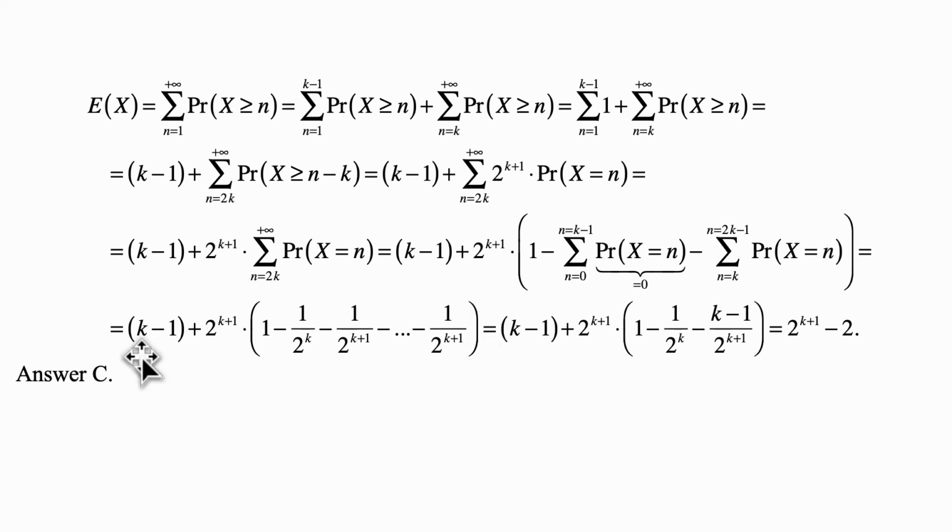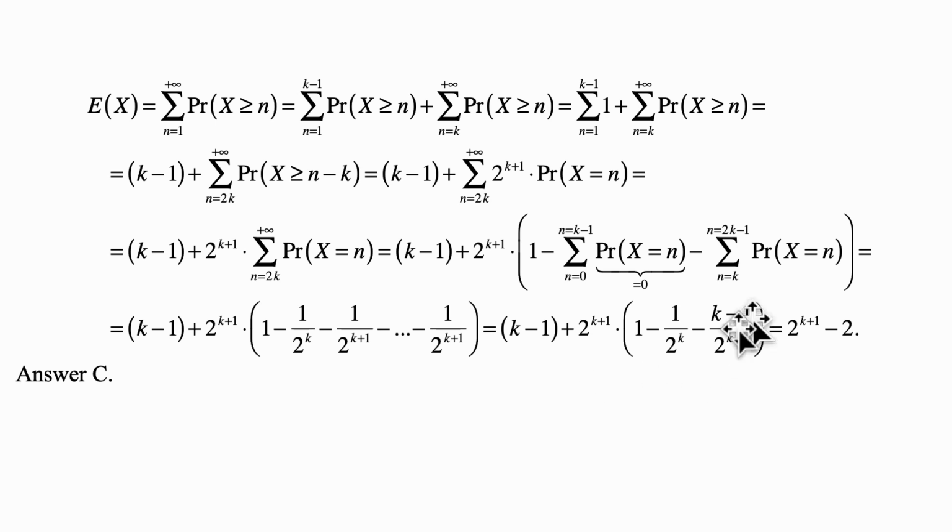And then that's equal to k minus 1 plus 2 to the k plus 1. And what is, well, first of all, 1 minus, but what is this probability? Well, we figured it out before. That's just 1 over 2k, 1 over 2k plus 1, so on. And the last one is 1 over 2k plus 1. And so all these actually, after the 1 over 2k, all these repeat.